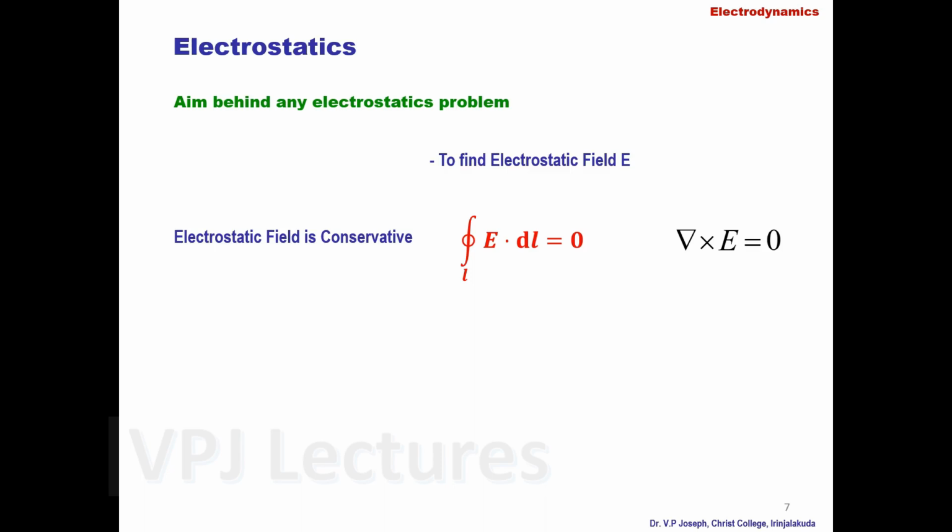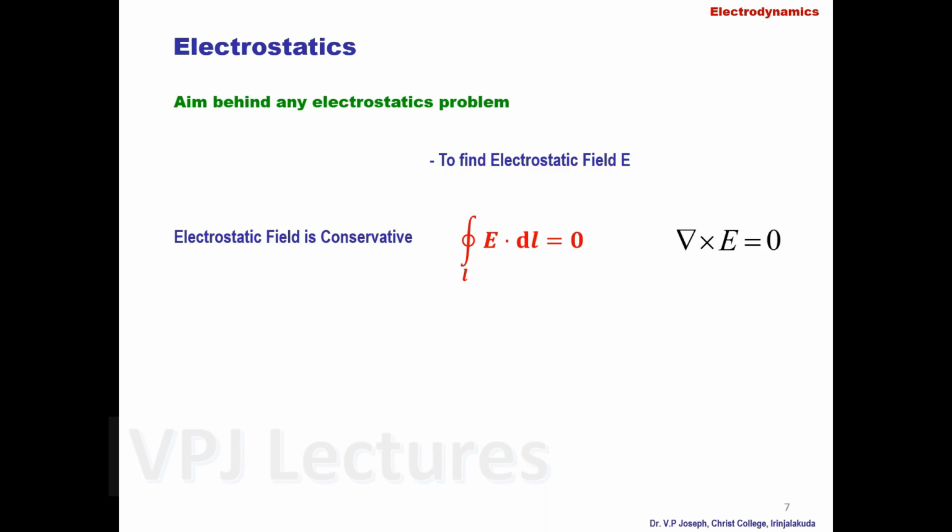Now another important point that is of much relevance in the case of electrostatics is something related to the property of the electrostatic field, that is, it is conservative. Now we know that in the case of a conservative force field, the work done around a closed path is equal to 0. We are familiar with the gravitational field.